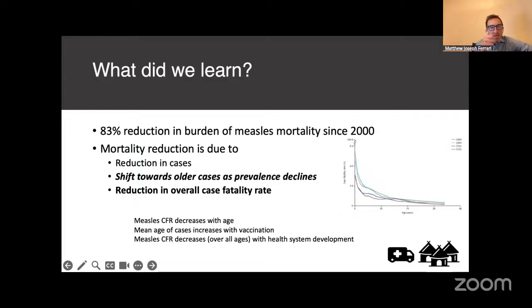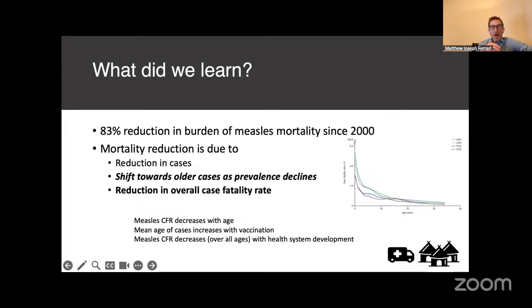One was that the measles case fatality rate, the number of children dying per case, decreases with age. It's more severe outcomes in younger children than in older children, and that's a very steep decline. So shifting the mean age of infection because of vaccination necessarily means that the kids that are becoming infected are less likely to die, right?